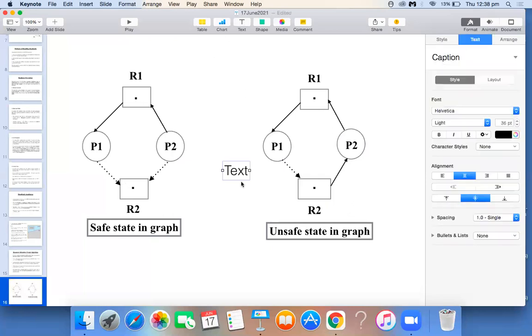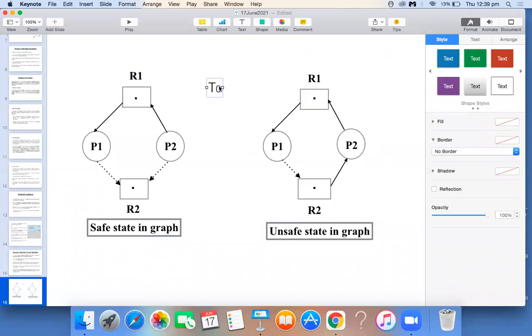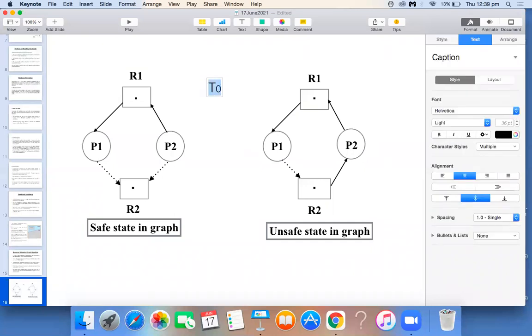To make you understand this, I will take this particular time, just for example purposes, as T0. Now when time is T0, you predict that process P1 will request the resource R2 in future. Fine, that's why we have kept a claim edge here.